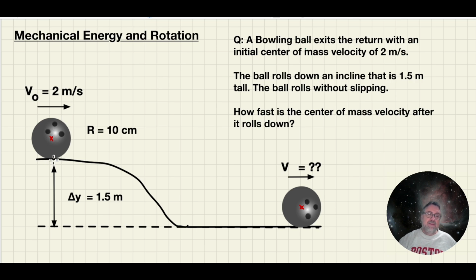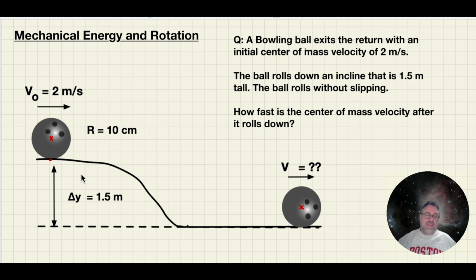As long as the ball does not slip, the tangential velocity at the edge of the sphere is going to match the center of mass velocity. And so I can treat this problem as both a translation problem, that is, the center of mass is moving, and at the same time, I can consider the rotation of the ball separately.